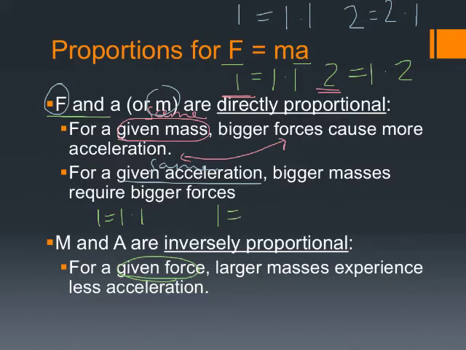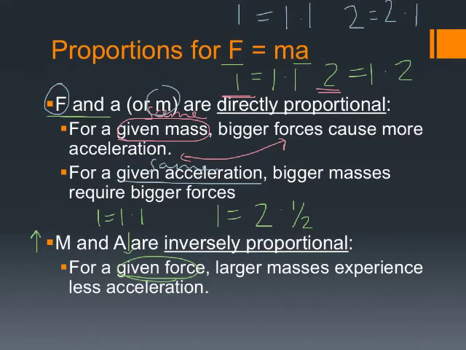All right, if I double the mass, make that a 2, what do I have to multiply 2 by in order to have this still equal 1? Right, that would be 1/2. Because 2 times 0.5 gives you 1. All right, so what happened here is that the mass went up, but the acceleration went down.